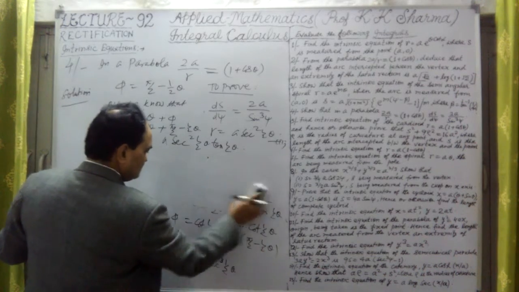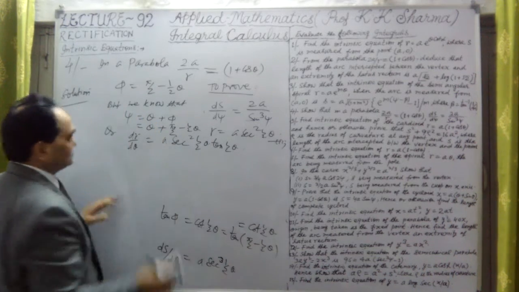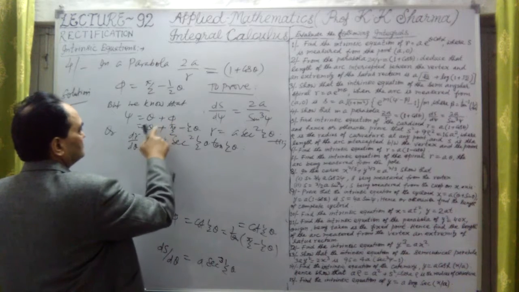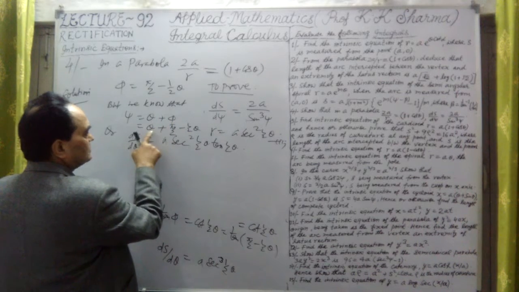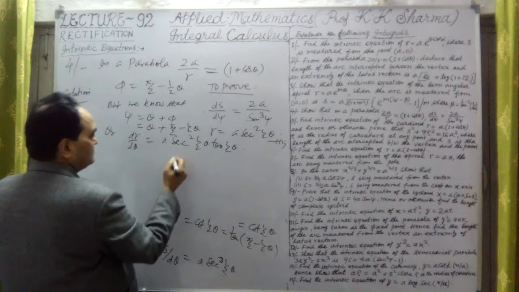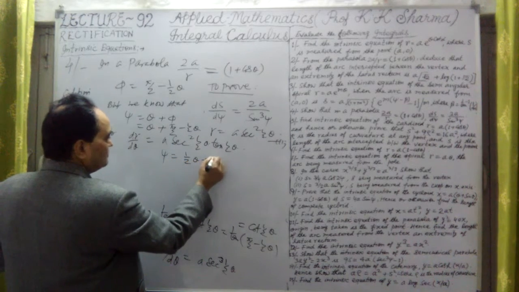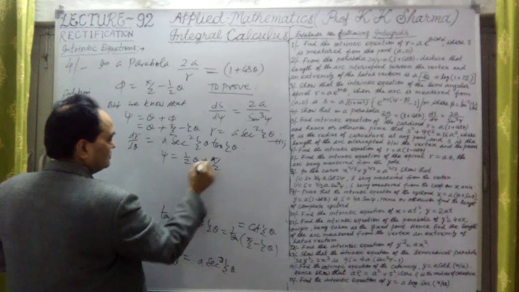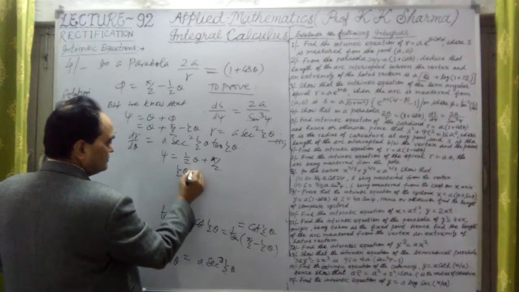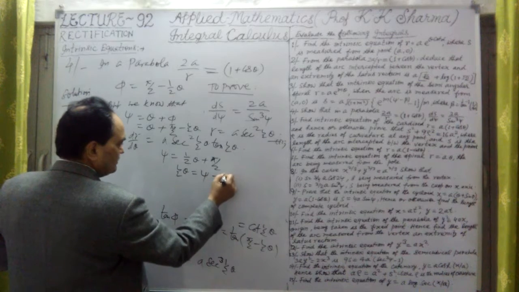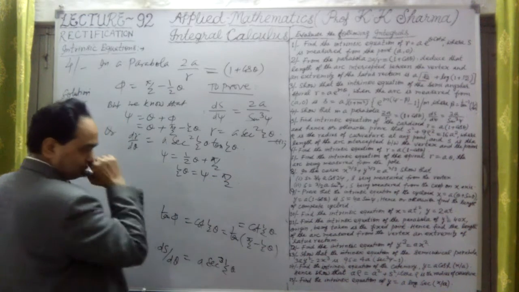Now let me develop this. Therefore pi by 2 minus half theta, and theta minus half theta. So psi angle is equal to half theta plus pi by 2, so half theta is equal to psi minus pi by 2. Try to understand.